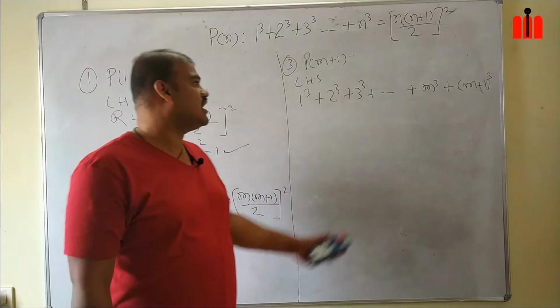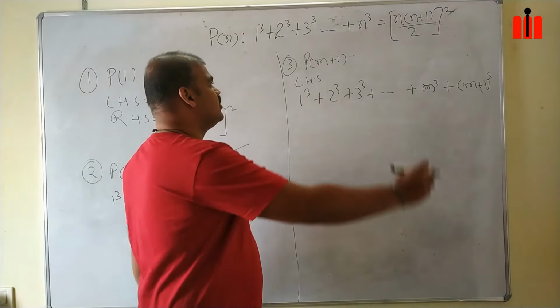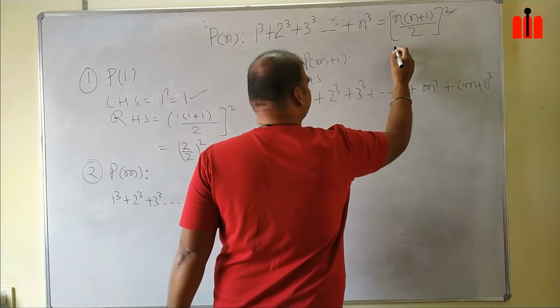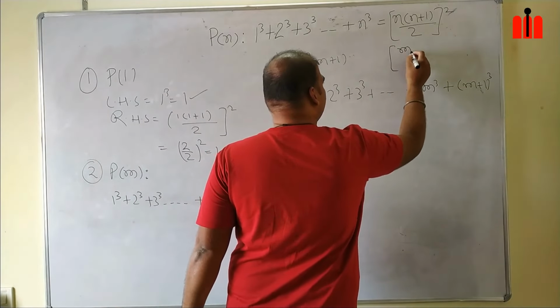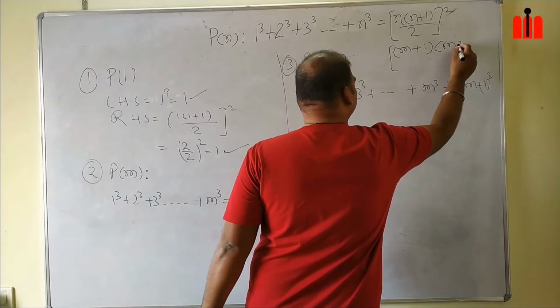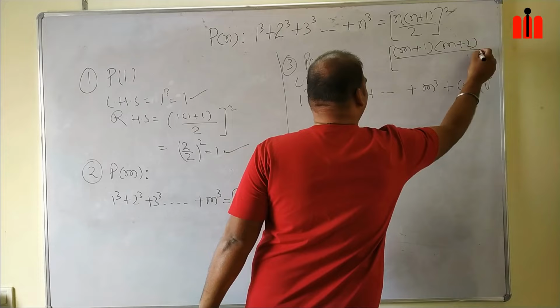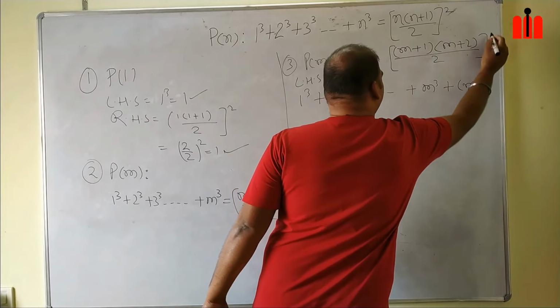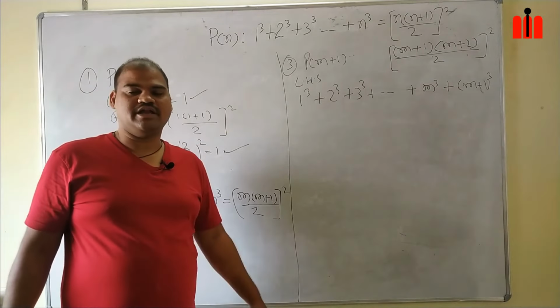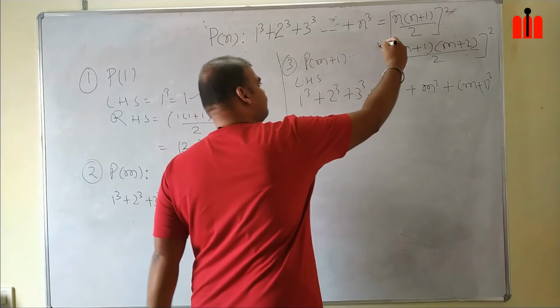You substitute m plus 1 in place of n. Then your R.H.S will be m plus 1 into m plus 2 by 2 whole square. This is how your R.H.S should look for Pm plus 1.